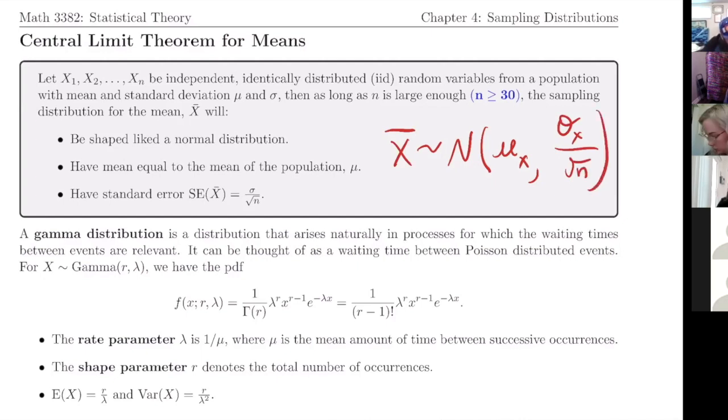And how do we find the standard error? We take the standard deviation of the population and divide it by the square root of our sample size. So again, as the sample size gets large, it doesn't affect the center of the distribution, but it does change the standard error.